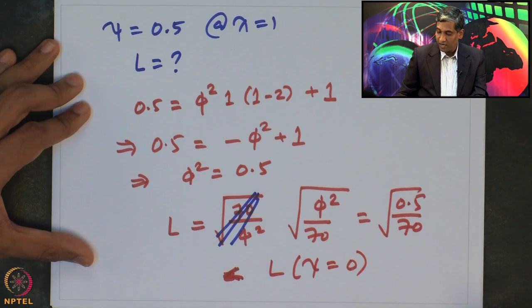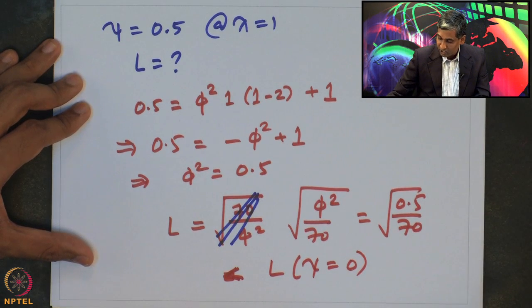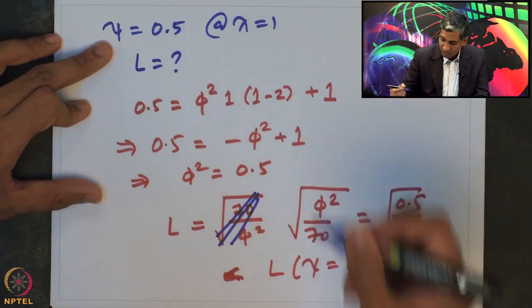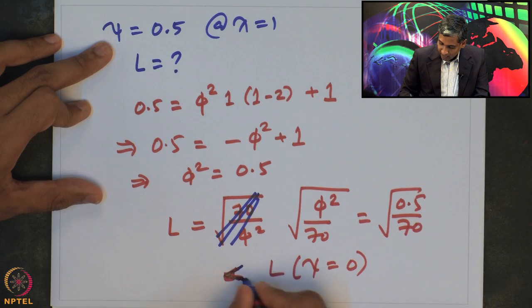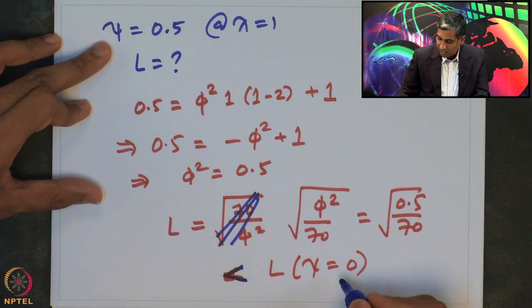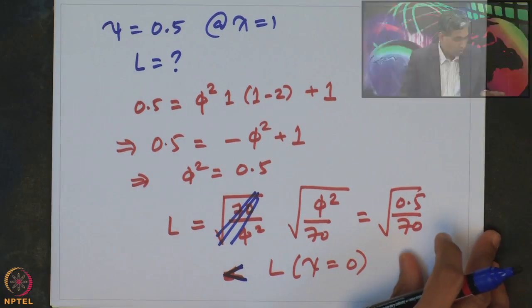So, this provides a way by which we can estimate. So, clearly when psi is equal to 0.5, which is partial consumption of oxygen, the length of the hydrogel required should be smaller than the length of the hydrogel which is required for complete consumption of oxygen.